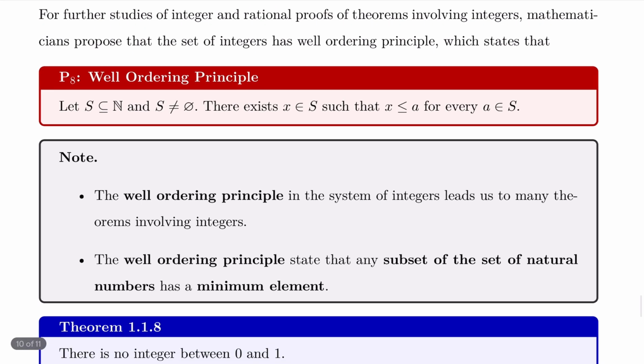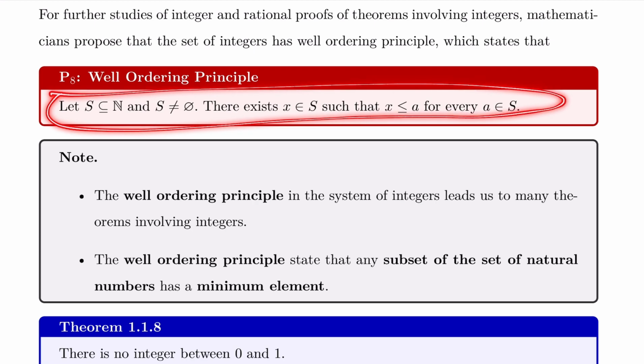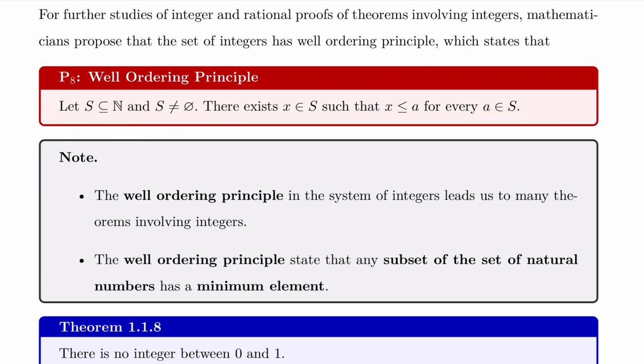The meaning is that there must be a minimum element in every subset of natural numbers.